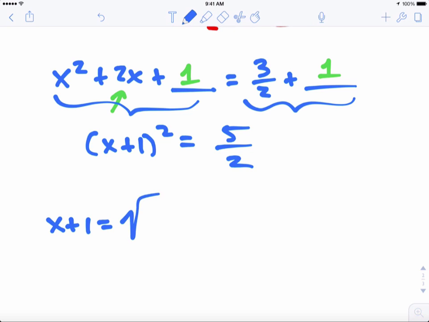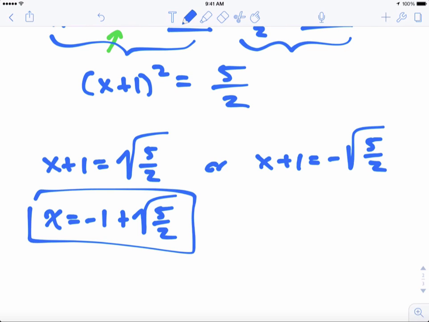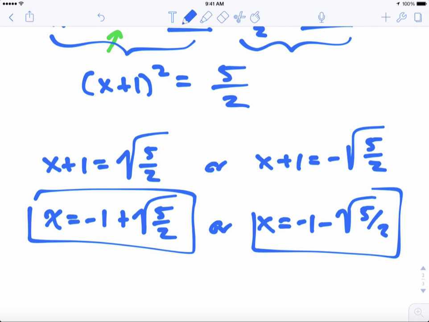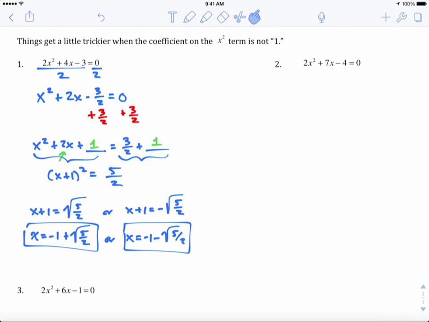It could be the positive square root of 5 halves, or x plus 1 could be the negative square root of 5 halves. And from there, subtract 1 from both sides. x equals negative 1 plus the square root of 5 halves, or x equals negative 1 minus the square root of 5 halves. Yowza! These numbers are not so nice, but hey, this is big boy and big girl math. We've got to be able to do it.